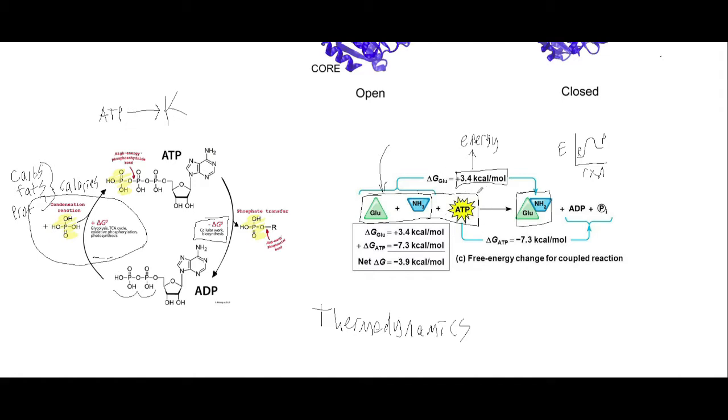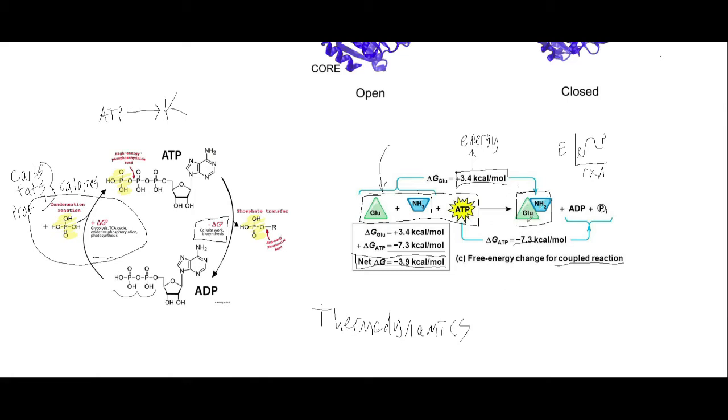And the ATP, when going to ADP here, has this negative delta G. And so if we do this reaction at the same time as this one, all together, then we end up with a net negative delta G. And so by coupling these reactions, we're getting ourselves down to a net negative delta G, which makes this thermodynamically favorable.